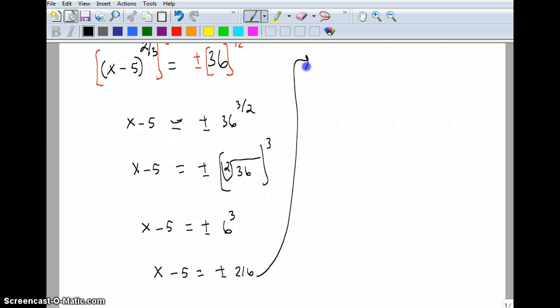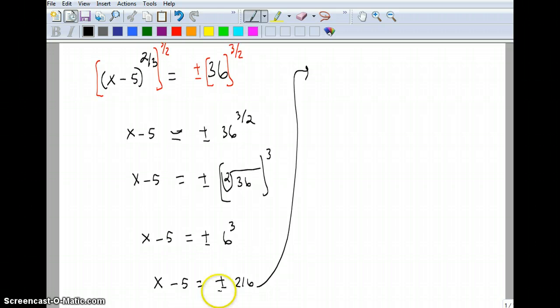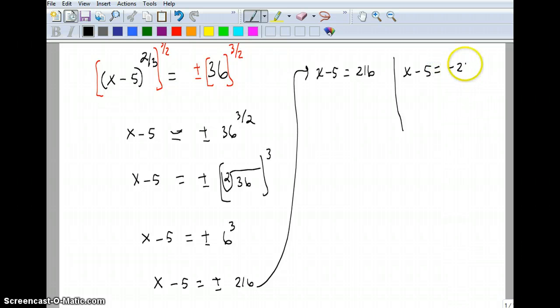Now the two solutions are going to come from of course the plus or minus, and I think the easiest thing to do now is to go ahead and identify this as two separate solutions as follows. We got x minus 5 is equal to the positive 216, and we have x minus 5 is equal to the negative 216 from the plus or minus.